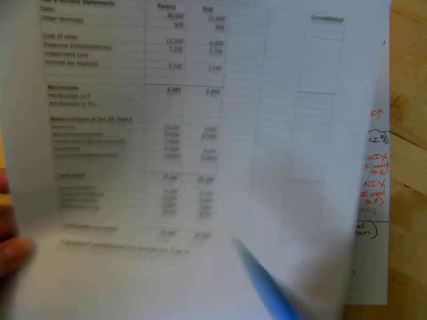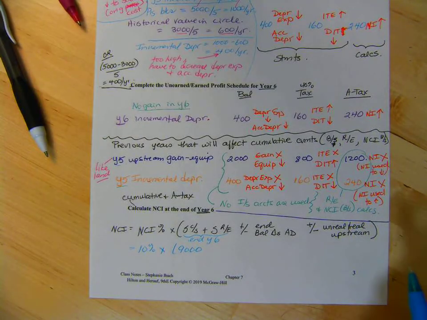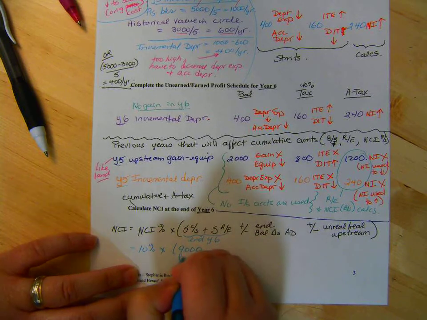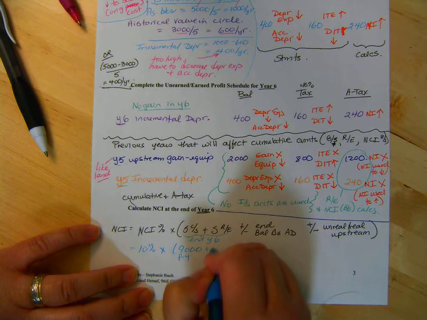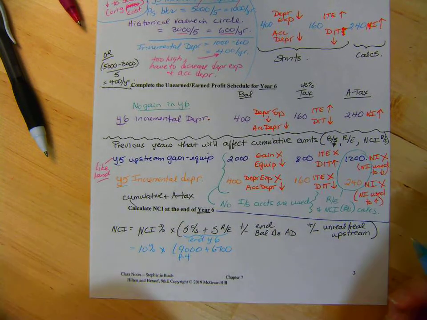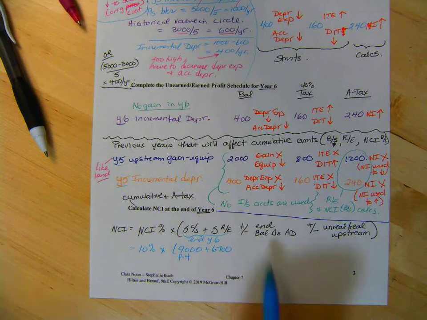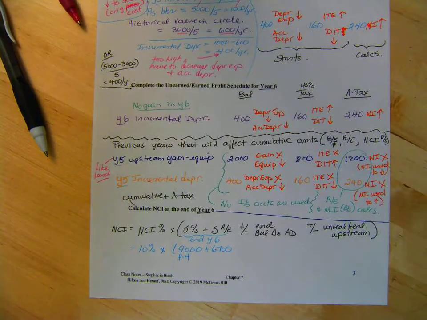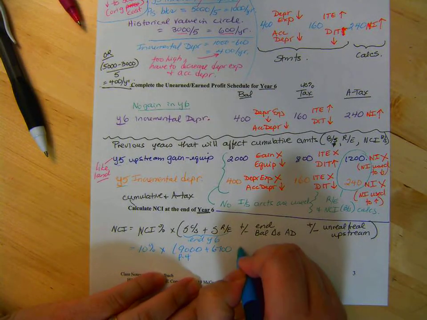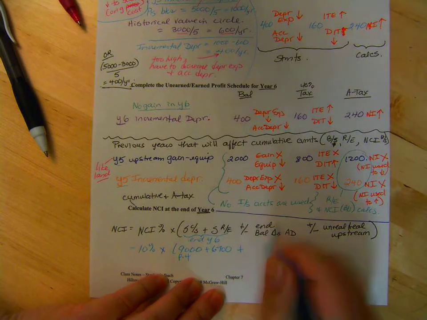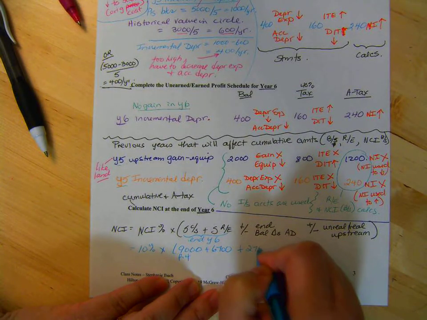So 9,000 and 6,700. Plus 6,700. Now, you're going to have to look back at page 2. Ending balance of changes in AD plus 2,750.